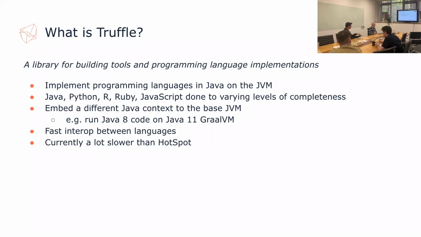There we go. I'll cover Truffle first, mainly because we can kind of get out of the way and then ignore it. So it's a way, I think this is originally how the project started, actually. A bunch of people trying to rewrite the hotspot VM in Java, because it's written in C++ at the moment. So it's kind of evolved into a framework that you can use to write programming language implementations in Java.